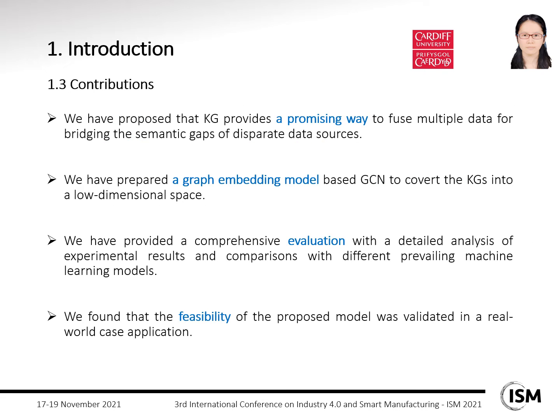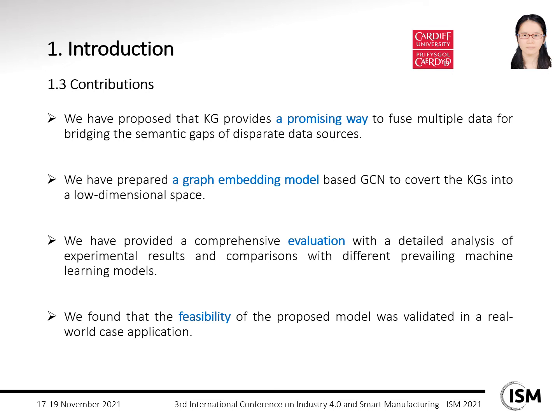Given all the situation and backgrounds, I have summarized the contributions from four different perspectives. Firstly, we have proposed that the KG provides a promising way to fuse multiple data for bridging the semantic gaps of the disparate data sources. Secondly, we have prepared a graph embedding model based on GCN to convert the graphs into a low-dimensional space.